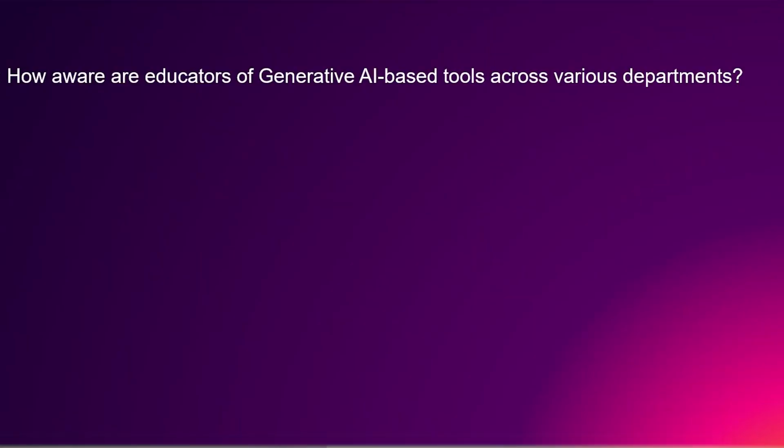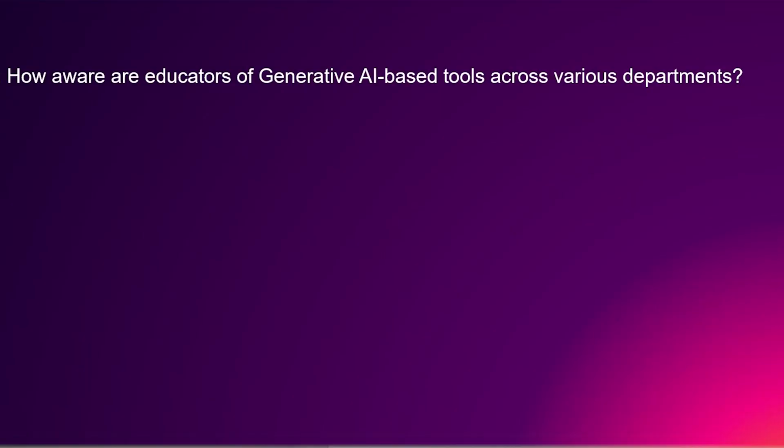Okay, how aware are educators of these generative AI-based tools across various campuses? So we started this survey in May. That was about 5 or 6 months after ChatGPT came in.